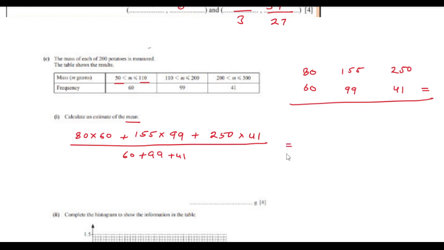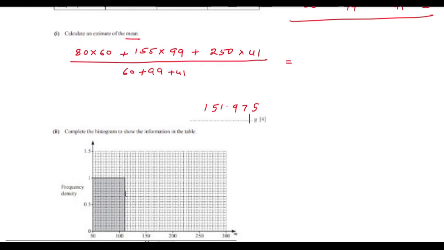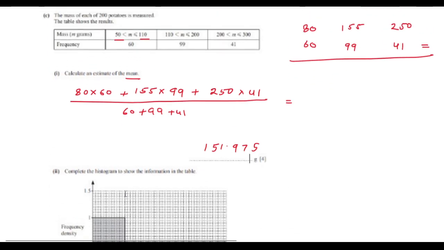The result is 151.975. Yes, the formula is summation of fi xi divided by summation of fi.